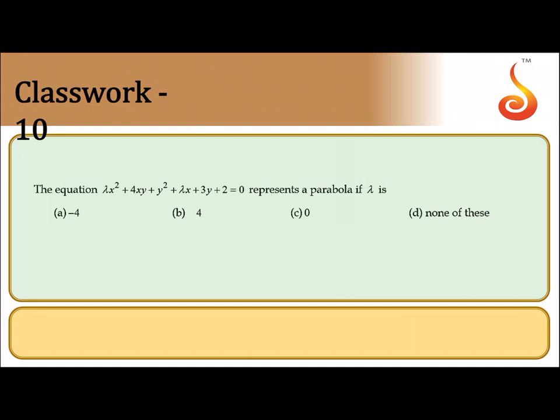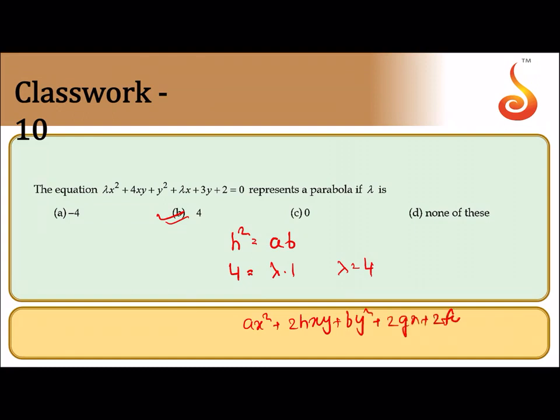Example 10. The equation lambda x square plus 4xy plus y square plus lambda x plus this represents a parabola. Already we discussed, h square is equal to AB. So h value is here 2, so 2 2s are 4. What is A? Lambda into 1. So lambda is equal to 4. Is the option correct? So general equation ax square plus 2hxy plus by square plus 2gx plus 2fy plus c equal to 0.